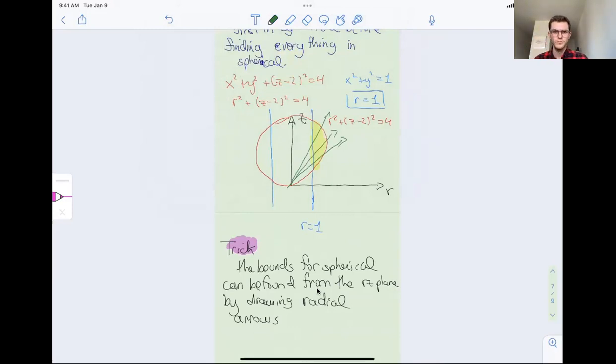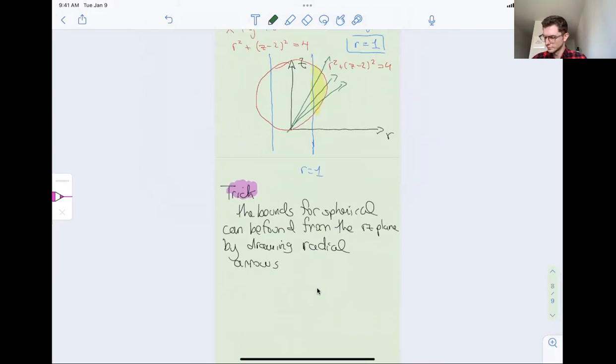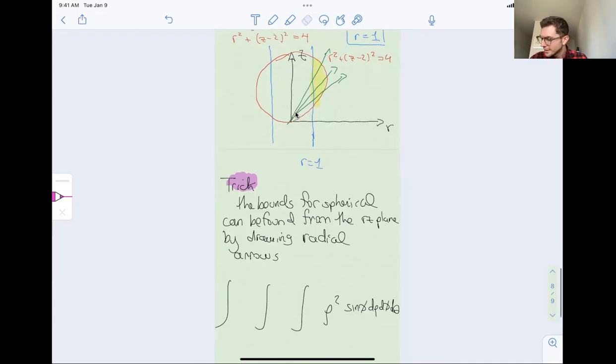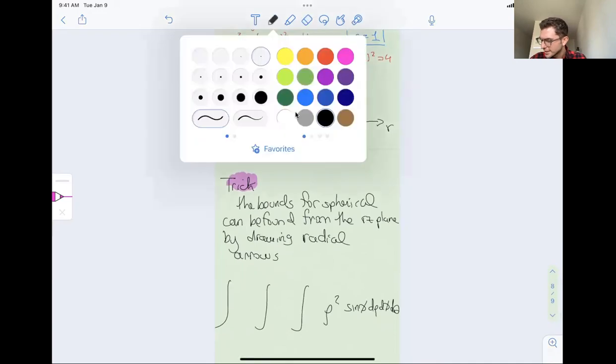Okay. So what do the arrows hit first? Yeah, they start at the cylinder, right? Excellent.